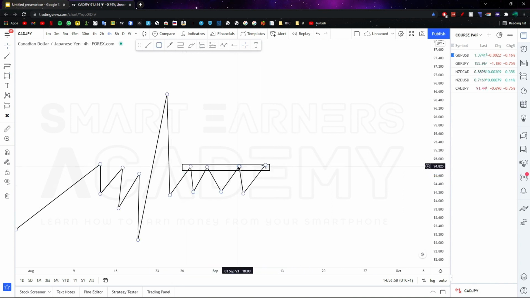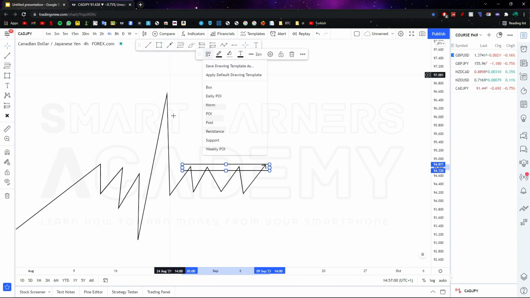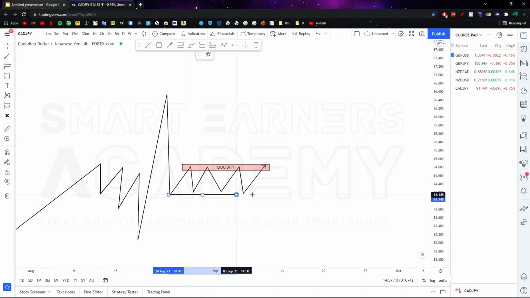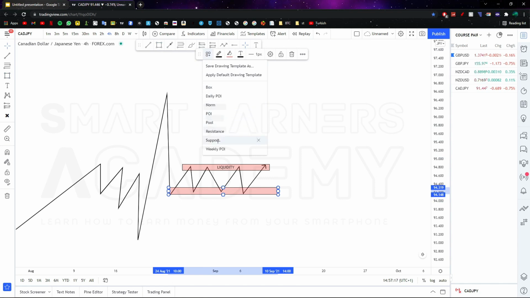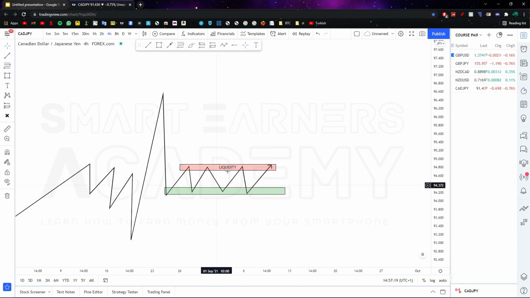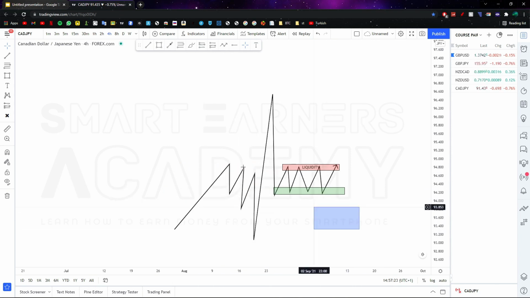Support and resistance is usually not at exactly the same point. That's what differentiates it from equal highs and equal lows. It's rather a bit of a zone. So that would be your resistance, and this would be your support, and these are both areas of liquidity as well.